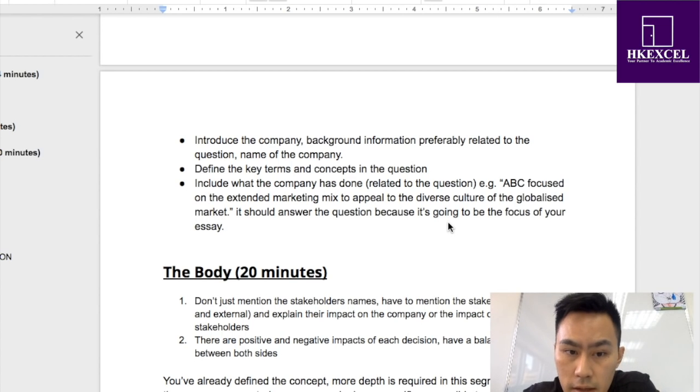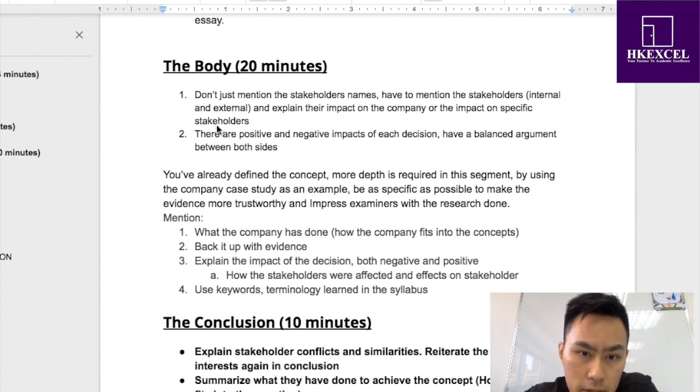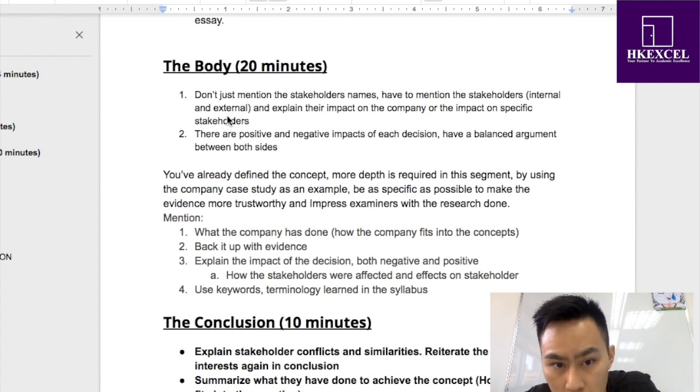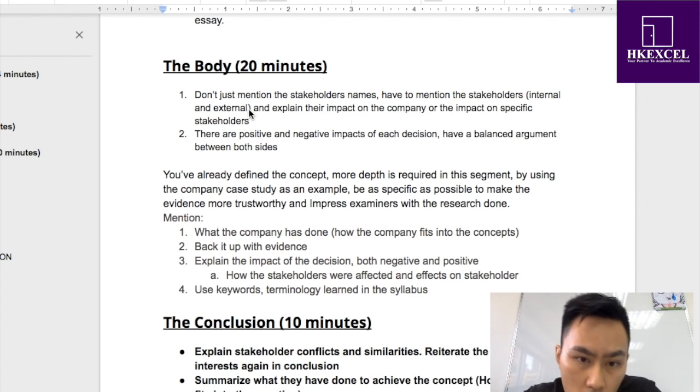So right now, you understand what you should do in the introduction part, and then the body. This counts for most of the marks. So basically, don't just mention the stakeholders' names. You have to mention the stakeholders, internal and external as well, yeah. For example, if you're talking about a business stakeholder, you don't just talk about the customer side and the government side, but you also talk about the employee side, internal, and also shareholders as well, yeah.